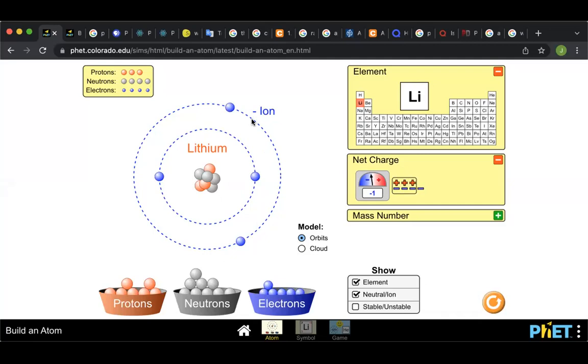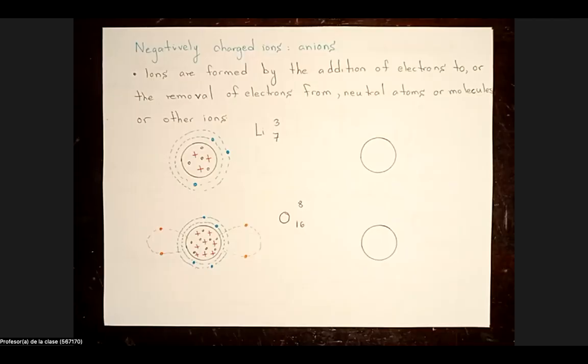An anion is a negative ion. Very good. So ions are formed by the addition of electrons or the removal of electrons from neutral atoms or molecules or other ions.